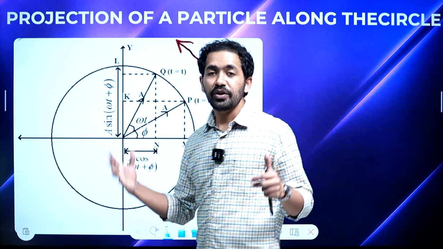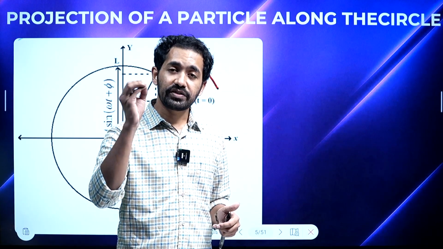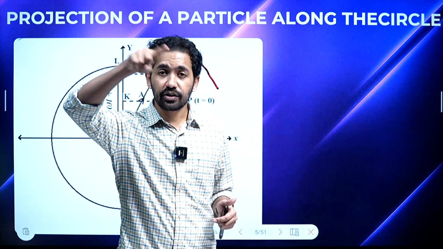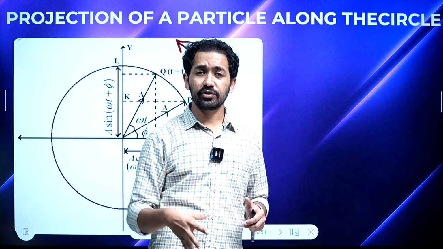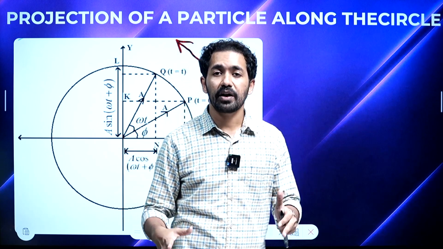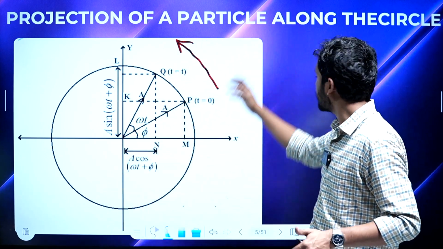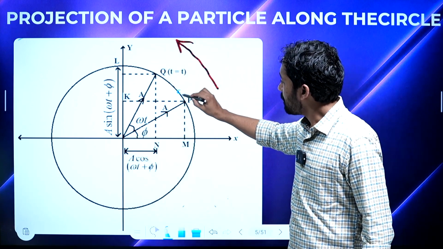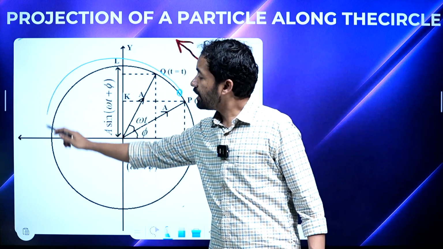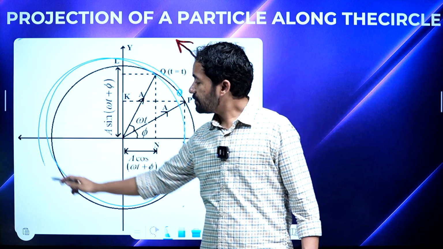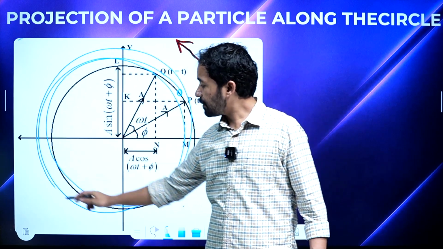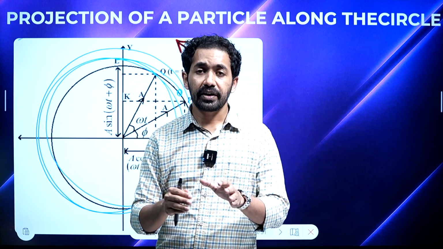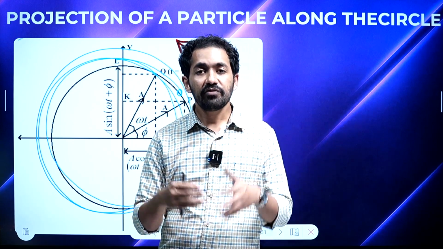Now here you have the projection of a particle which is in circular motion along its diameter. So we are going to study the projection of a particle along the circle. If there is a particle here and this particle moves around the circle and completes one circle in a time period and repeats that process, then what can I call this motion?